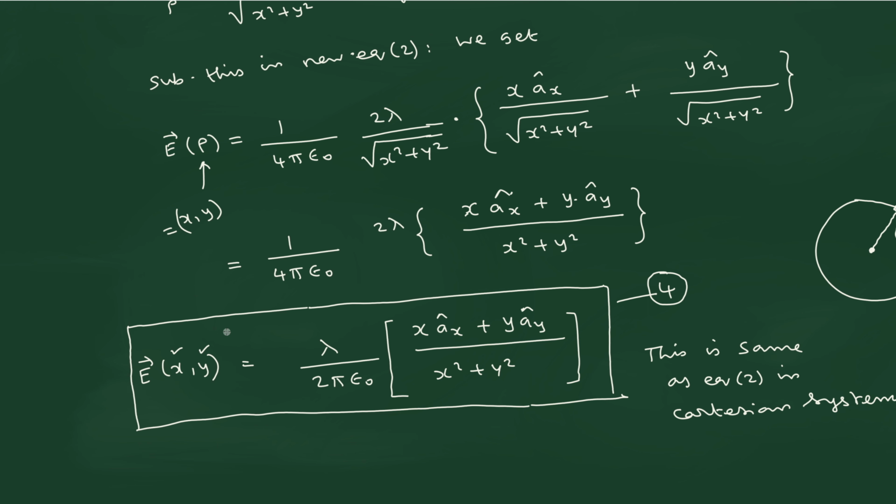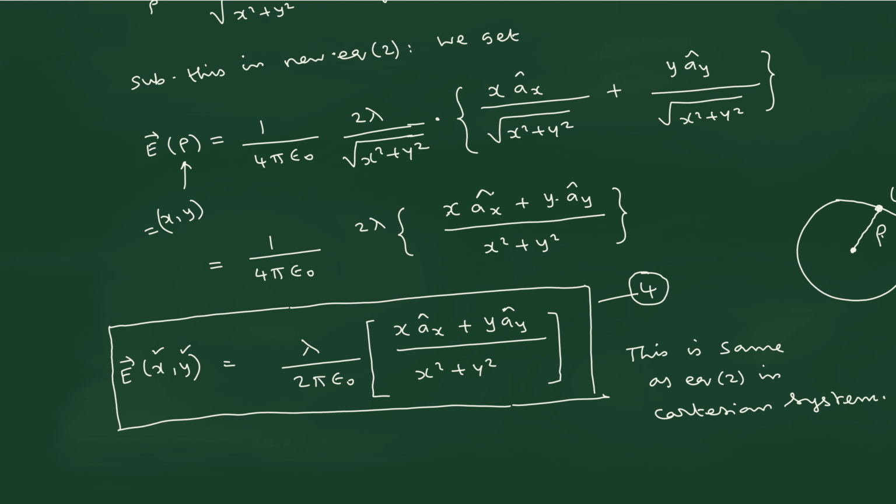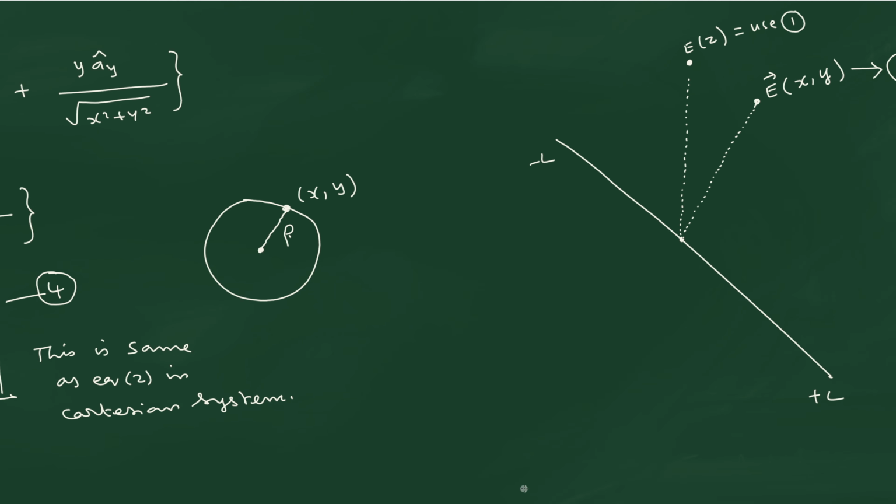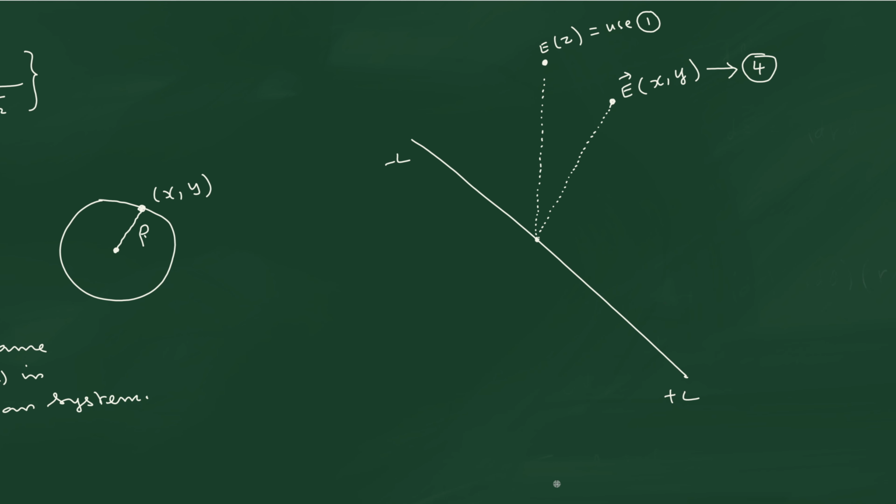But remember, x and y are present, but where is z? That you should ask. It is not difficult. The z-axis is this one. Z is missing means it will not actually be missing. This would be the z-axis. So you are going to fix the charge distribution line, that is the wire itself, as the z-axis.